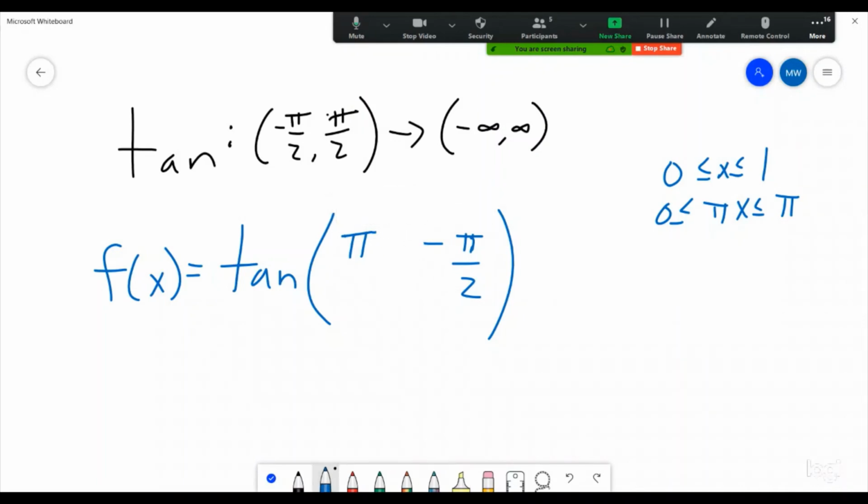So pi x minus pi halves, or tangent of pi times (x minus 1 over 2). I'd stick with the top one. But yeah, that would be a bijection that you could use to show that it has the same cardinality as the real numbers, and the real numbers are uncountable.